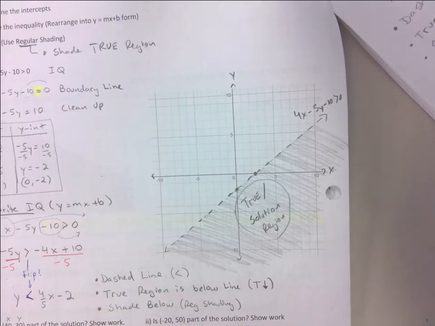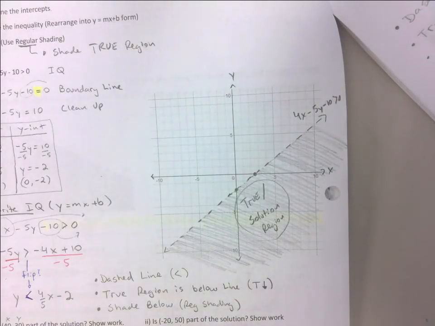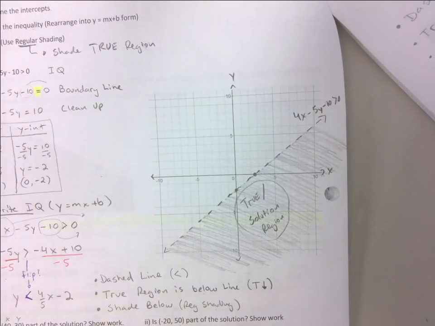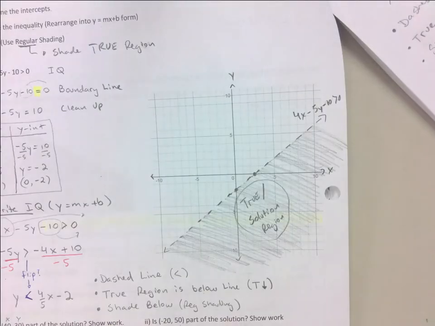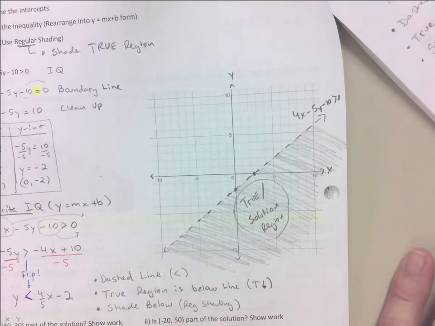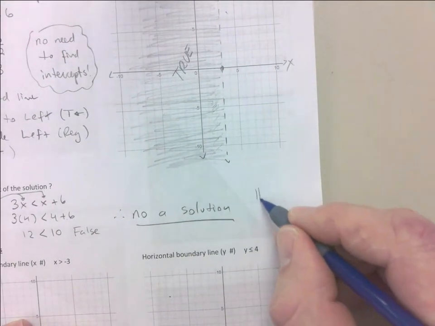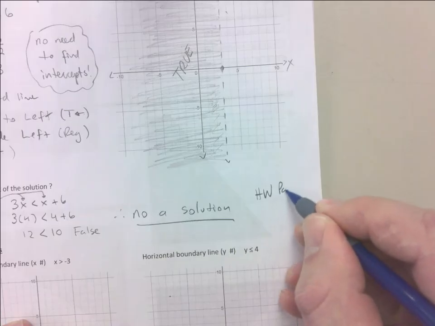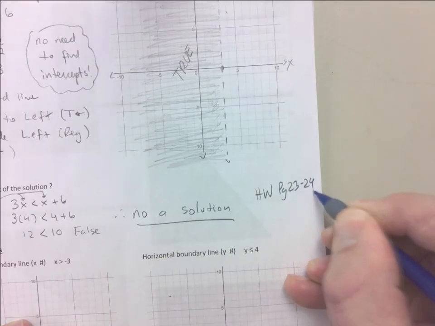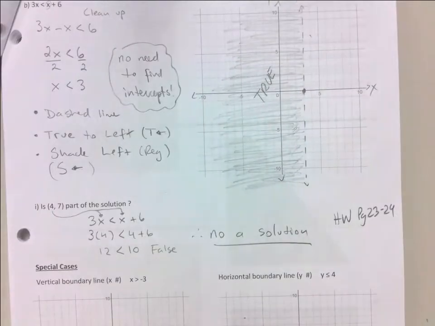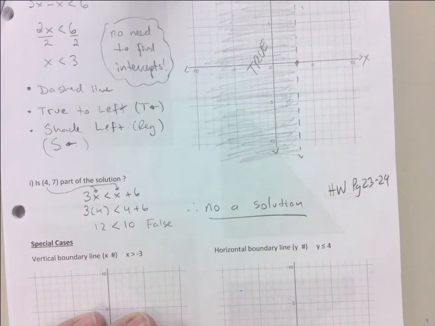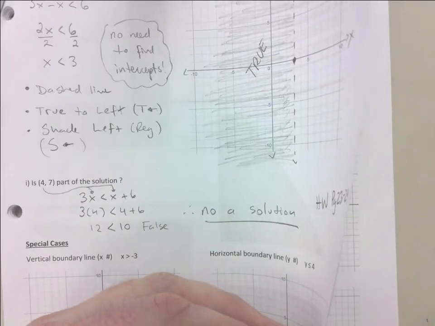And for now, I'm going to stop torturing you. I'm just going to ask you to go try 23 and 24. Page 23 and 24. If you want to go further, you go for it. And I'll post a key to that as well.